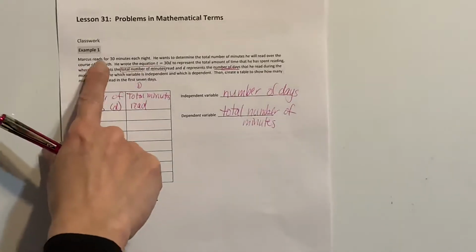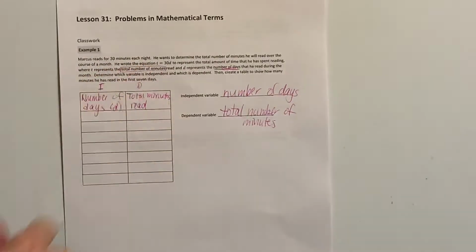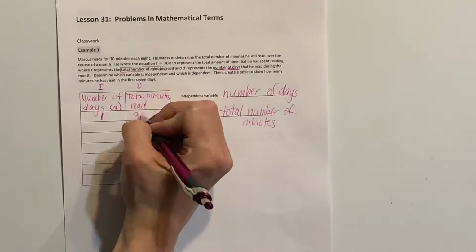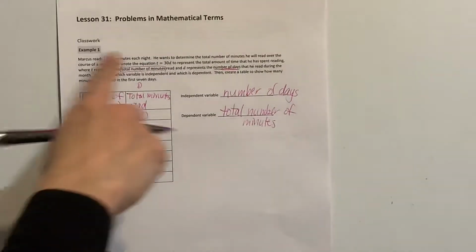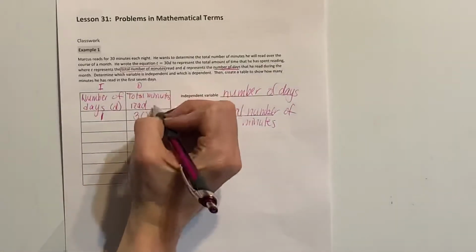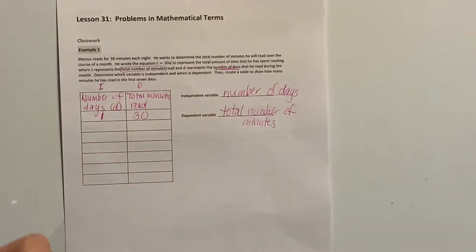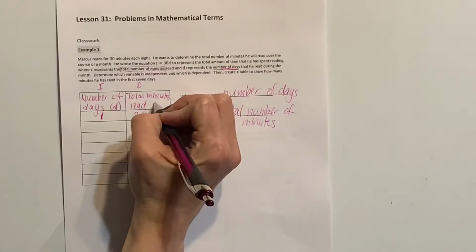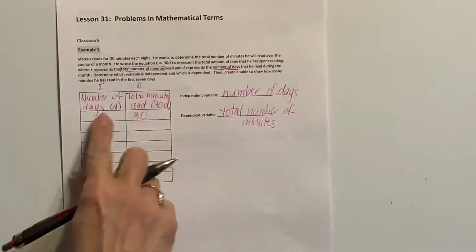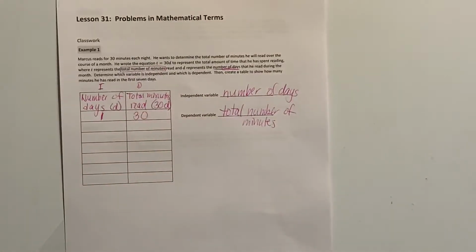It says Marcus reads for 30 minutes each night. So for the first day, he reads 30 minutes. I know that by the information. So if the total minutes read each day is 30, we could represent that by saying 30D, because each time it goes up by 30 minutes.